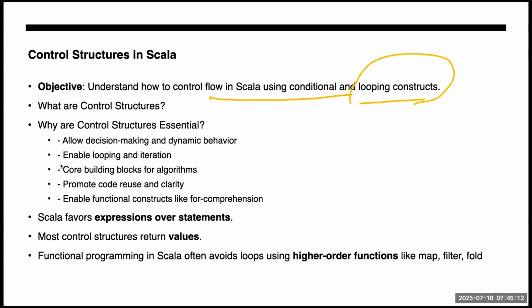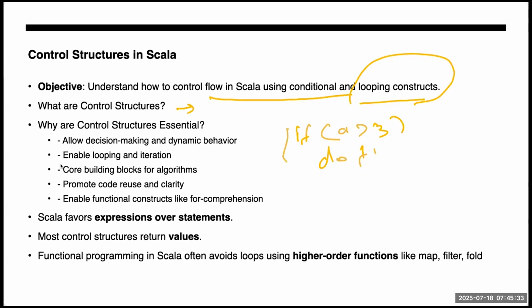So what is a control structure? It will help you in constructing the flow of execution, or help you in making decisions on branch logic. Like, let's suppose if a is greater than 3, then do this, else do this. So it will help you in making decisions, right?